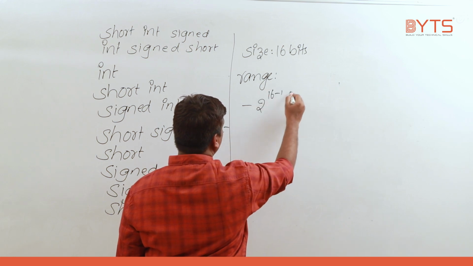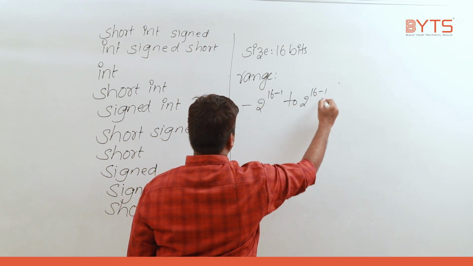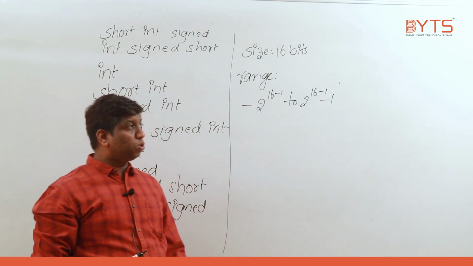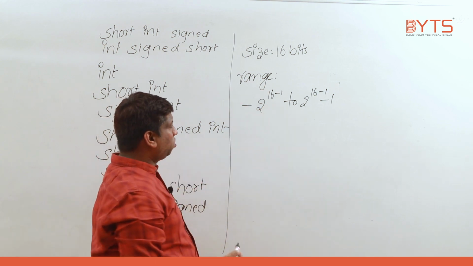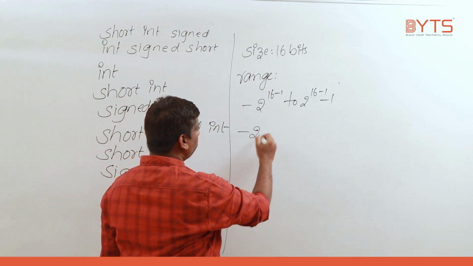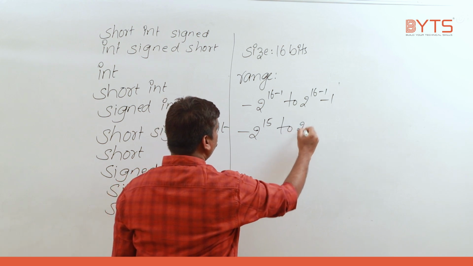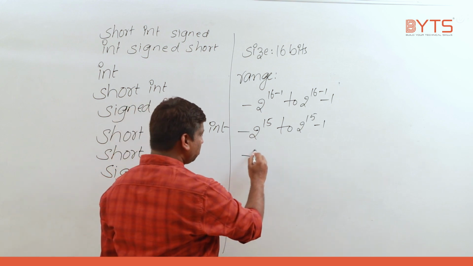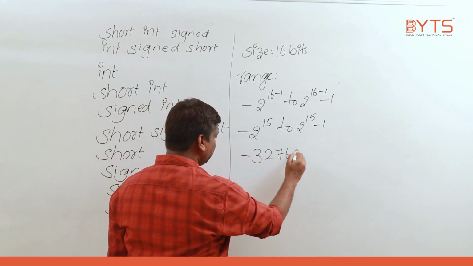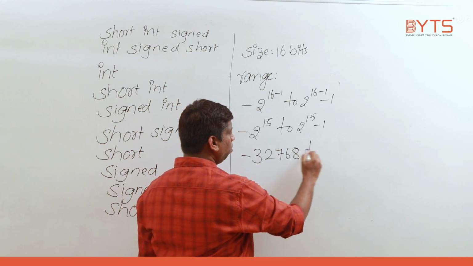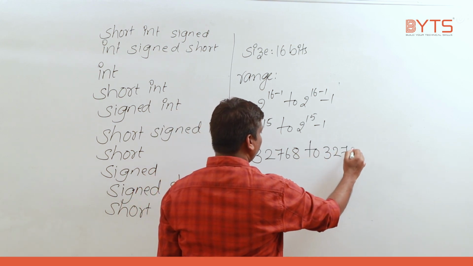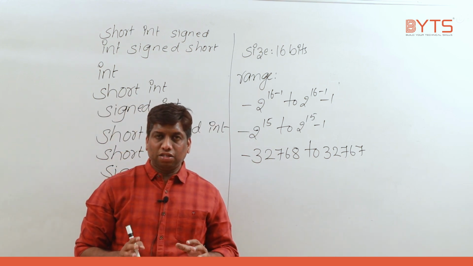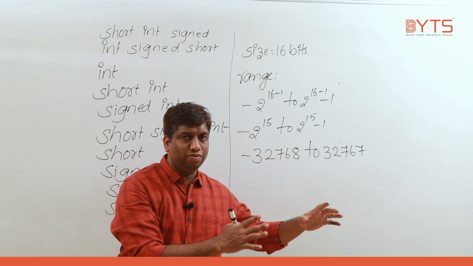Minus 2 power 16 minus 1 to 2 power 16 minus 1 minus 1. We already know 16 minus 1 is 15. So the range will be minus 2 power 15 to 2 power 15 minus 1. What is the value of minus 2 power 15? Minus 32768 to 32767. So the range of an integer is minus 32768 to 32767.